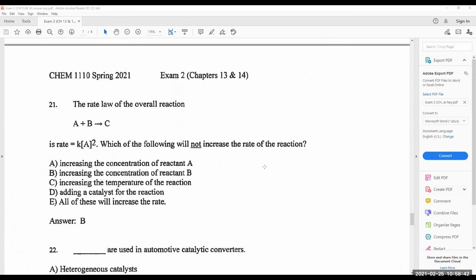You're asked, which of the following things will not increase the rate of the reaction? The answer is B. Even though B shows up as a reactant, it's not in the rate equation. Since it's not in the rate equation, that concentration doesn't really matter.